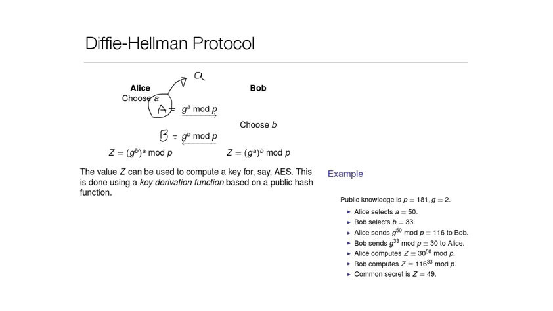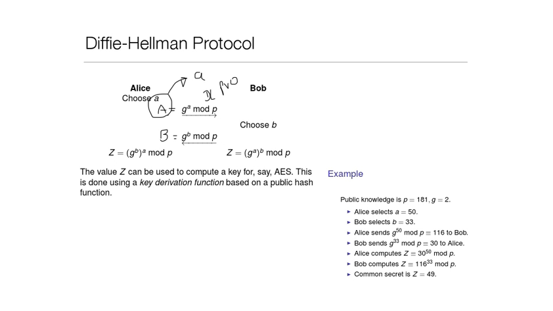Given this value, computing a value A such that G to the power A equals capital A is the discrete logarithm problem. If the discrete logarithm problem is hard, this protocol can be considered secure because it is based on discrete logarithm.